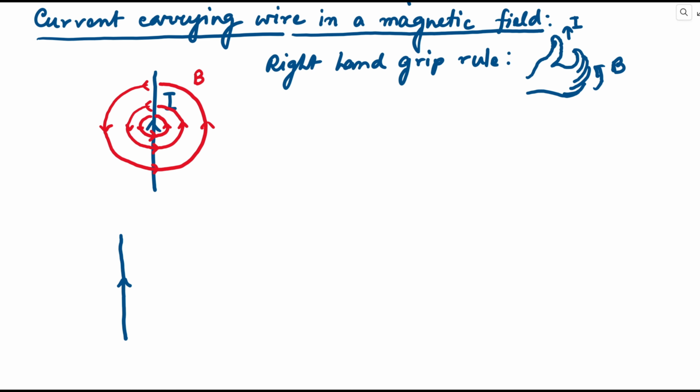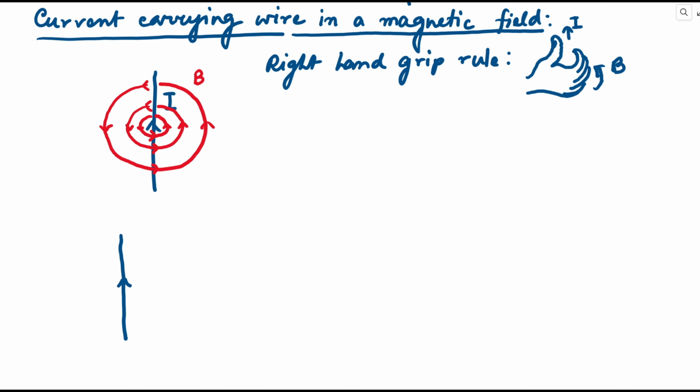this is our wire here, and then using the right hand grip rule, if we consider the magnetic field on the right hand side of the wire, then we can see that those circles are basically pointing away from us into the surface. These magnetic field lines are vectors because they have direction.